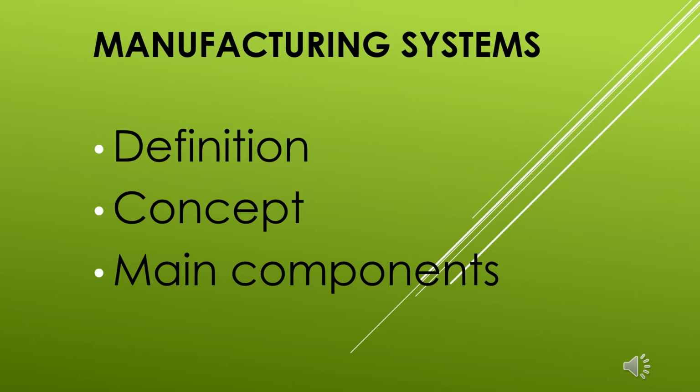In other words, the manufacturing system needs to interact with both the internal and the external environment of the organization. The internal environment consists of those activities that the organization can control from within, like the marketing, the material, the manpower, the investment, which they can control on their own.